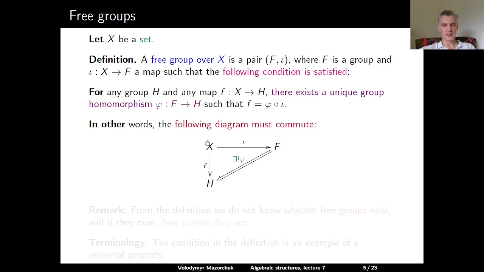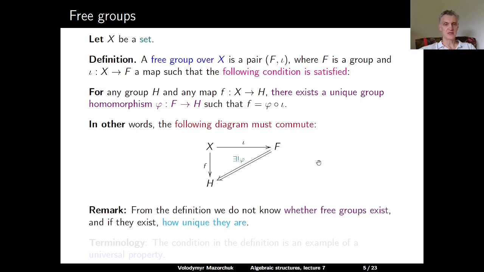So we have our X, and then the map i to F, and then we have H and the map f from X to H, and there should exist a unique group homomorphism phi from F to H such that this diagram commutes. Let us note that directly from the definition, we do not know whether a free group exists, and if it exists, whether it is unique or not.